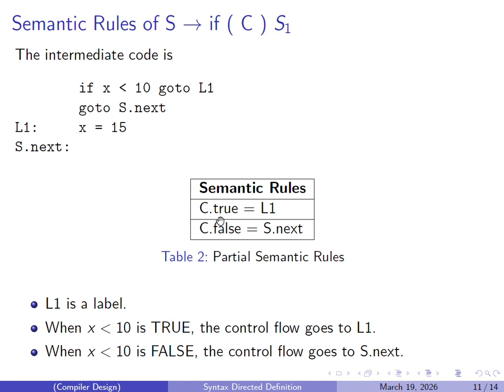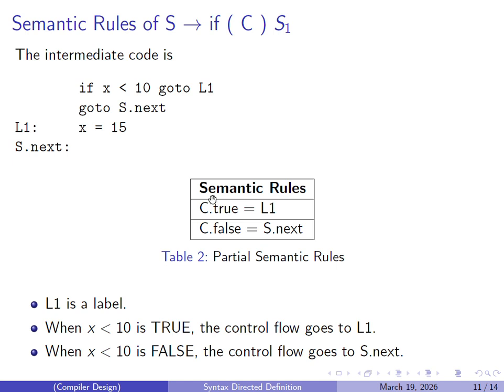So for attribute true and false, when it is true, as you see here, we need to go to L1. Since C.true is the location, we are going to copy the value which is stored at L1, which is a pointer to your memory location. We are going to store it in C.true.